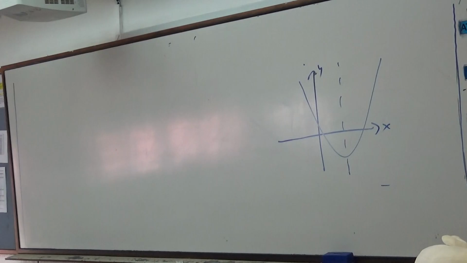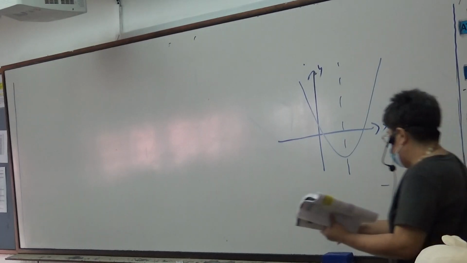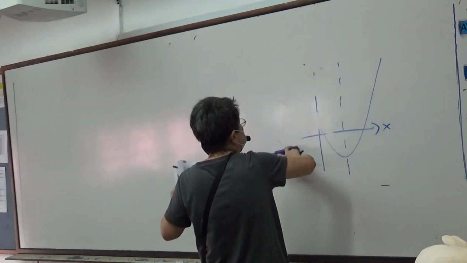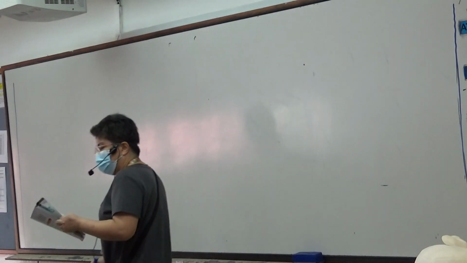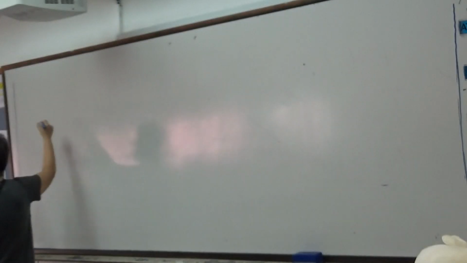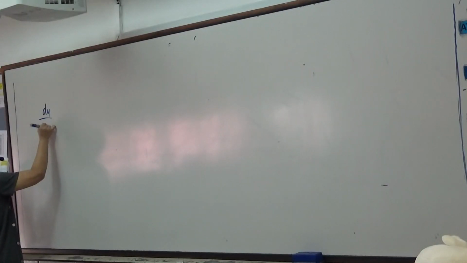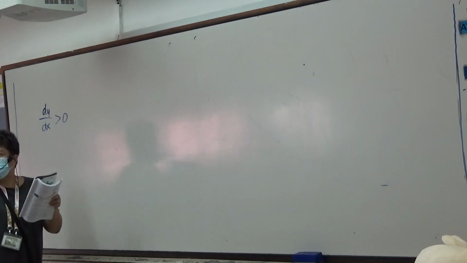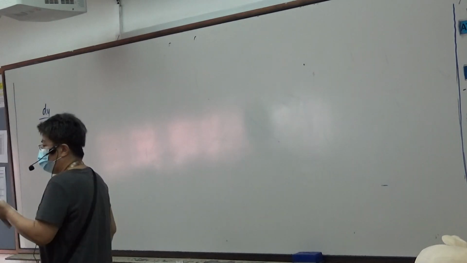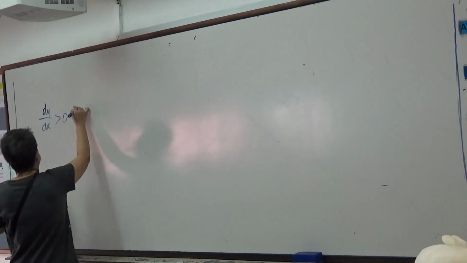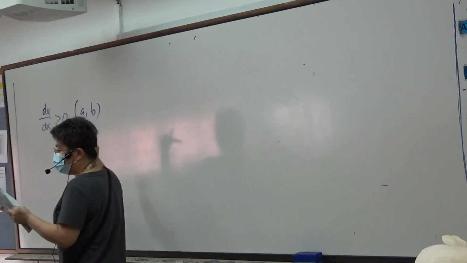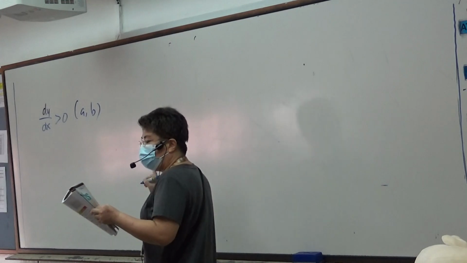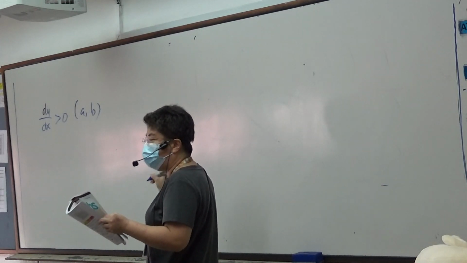Look at page 30. There is some math symbol down there that they use, but they didn't explain. So I'm going to explain to you in case you do higher level of math. In general, we have the following. If dy/dx is positive for all x in (a, b), now this is not a coordinate, this implies that y equals f(x) is an increasing function in (a, b).